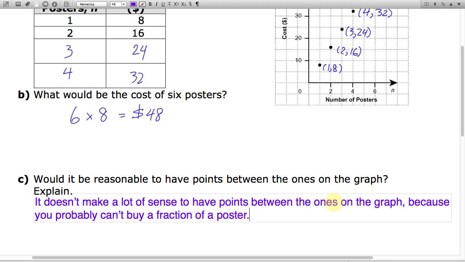It doesn't really make a lot of sense to talk about buying a fraction of a poster. You can say the cost of 1 poster is $8, the cost of 2 posters is $16. Could I buy 1.5 posters, please, and pay $12 for that? Yeah, it doesn't really make a lot of sense.